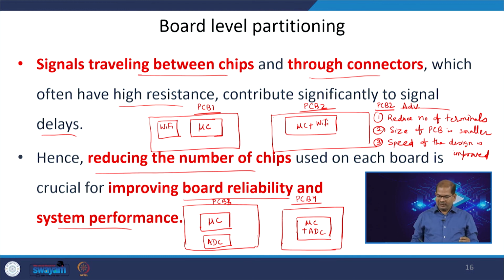But if my application requires a high resolution ADC, then in PCB 3 I have to buy an extra high resolution ADC, let us say 24-bit or 18-bit, to implement the overall system, compared to using the microcontroller plus ADC together to optimize the size of the board. So, in some cases two different ICs are better because of the system requirement.